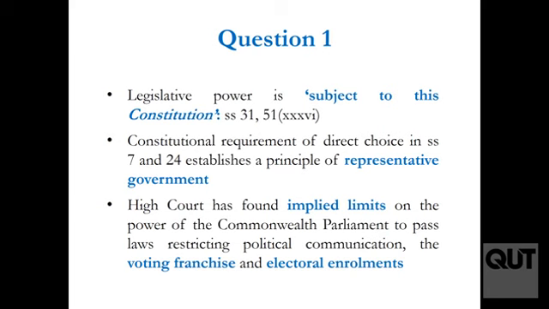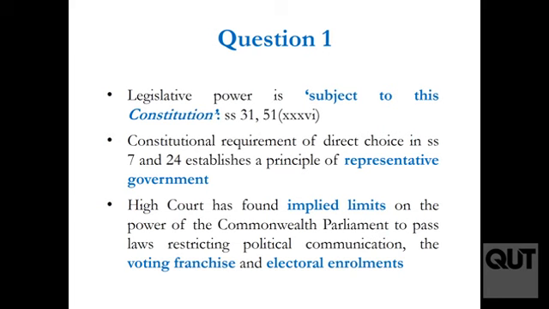What is relevant for our question is that representative government has also been used to limit the power of the Commonwealth Parliament to pass laws that restrict the voting franchise and electoral enrolments. Okay, and the authority for that are the decisions of Roach and the Electoral Commissioner and Rowe and the Electoral Commissioner. So I just want to pause there and summarise what I've just said.